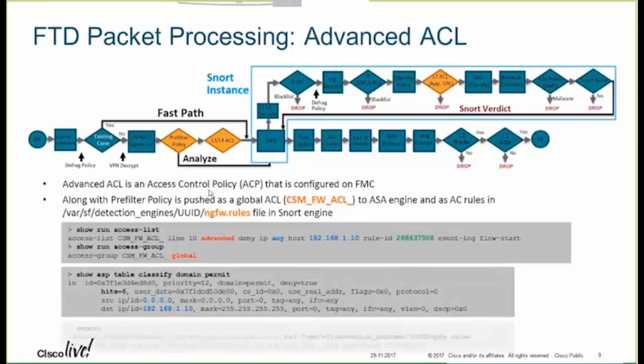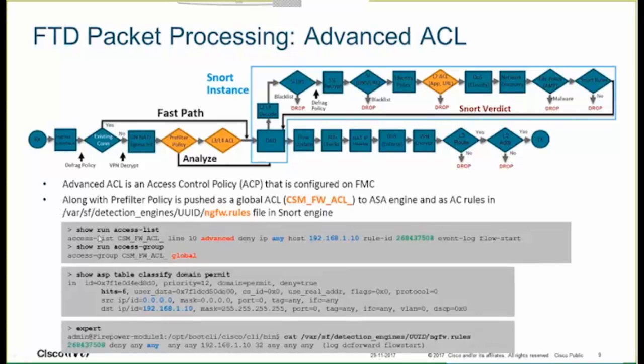Basically, when we configure an access control policy on the FMC, we create sections of rules. One rule we push on the ASA side, and one rule we push on the Snort engine. So we see a layer 7 ACL, one rule as an L3, L4 ACL, and one rule as a pre-filter policy.